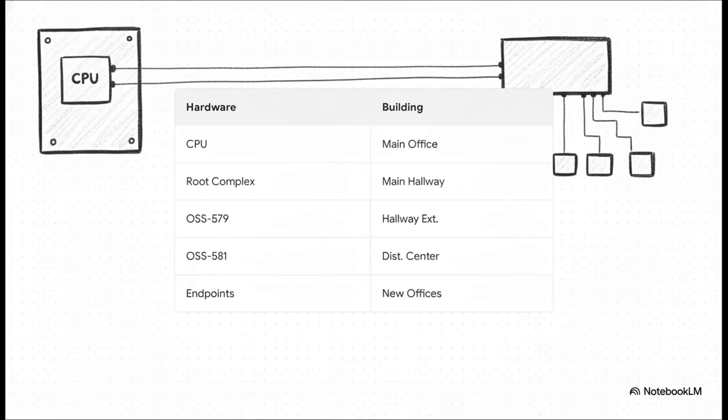Now, our expansion gear, the OSS 579 adapters, those act as structural hallway extensions. The OSS 581 backplane inside the chassis is your distribution center where the hallway splits. And finally, those PCIe endpoint cards are the brand new offices connected to that center. So the infrastructure just grew, but the building itself is fundamentally the exact same.